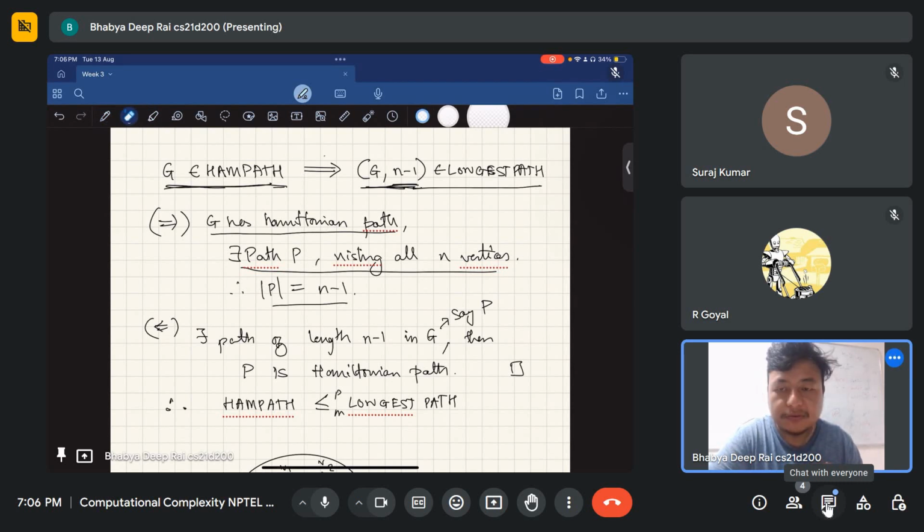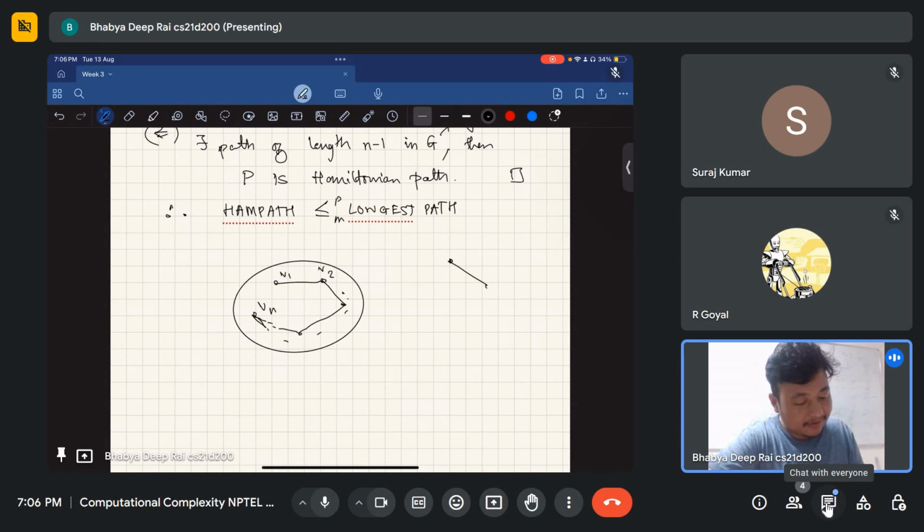Now we need to prove the second direction, which is the other way around. Let's say there exists a path of length n minus 1. Remember, this is a path, so I'm not allowed to repeat the vertices.